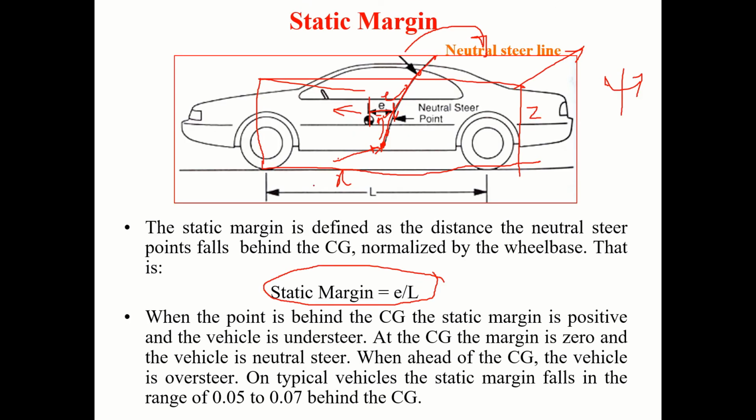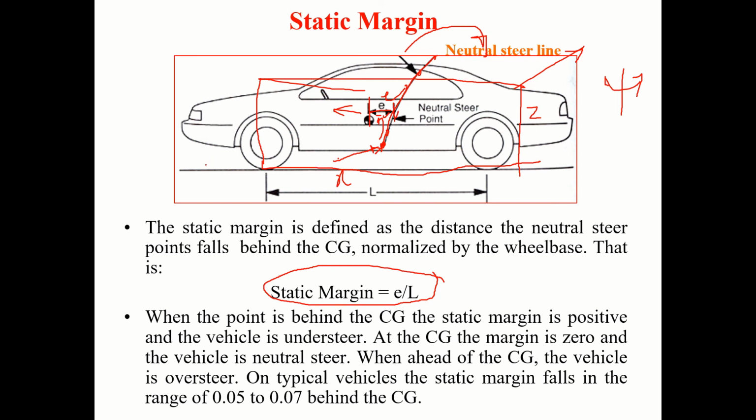Okay, we have studied steady state handling. Basically, we have considered the mass distribution of the vehicle. Based on that, whenever it is taking a turn, what's the lateral force that is acting?